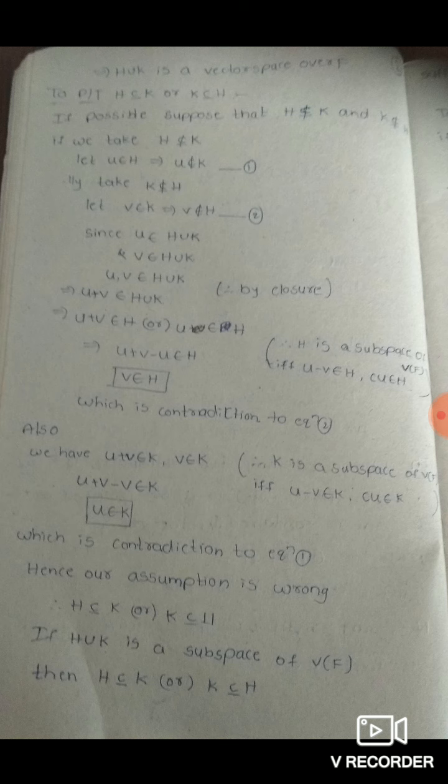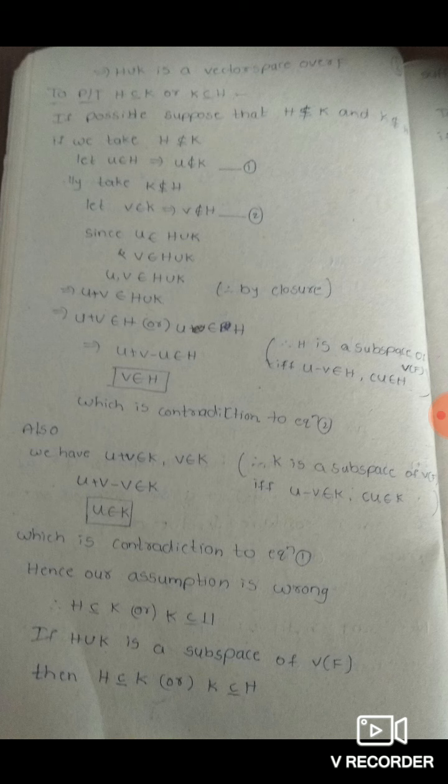Since u belongs to h and v belongs to k, u belongs to h union k and v belongs to h union k. Therefore u comma v belongs to h union k.